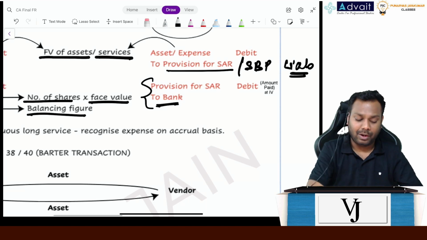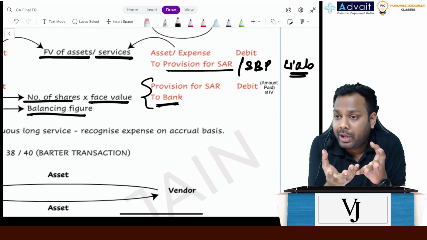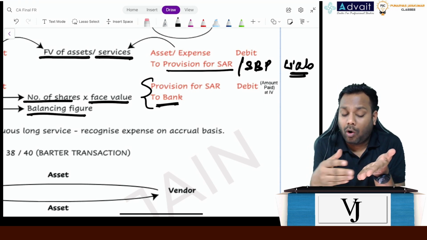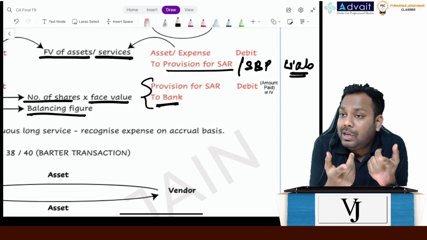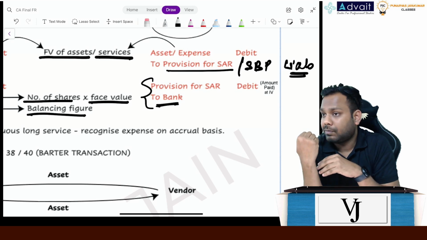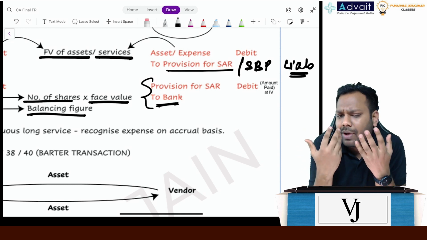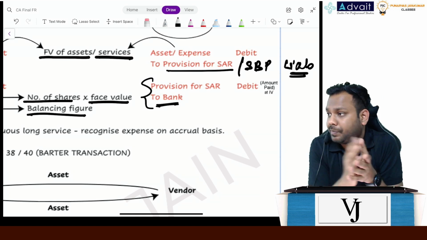So basically, understand, whenever I do any transaction with a non-employee, I will record the assets or the goods or the services which I have received at their fair value and not at the fair value of the shares. If at all the fair value of the goods or services is not available, then we can take the fair value of the shares.